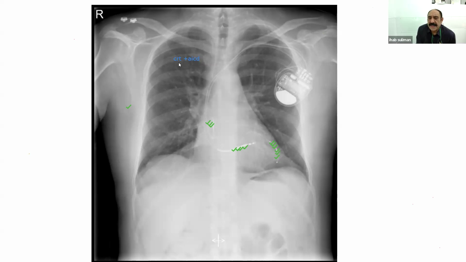We put a CRT AICD to help with the improvement of LV function, and the AICD will be put to guard against any ventricular tachycardia or ventricular fibrillation. So it is important to consider a paced rhythm when you have a wide QRS and there is a notch or spikes at the beginning.